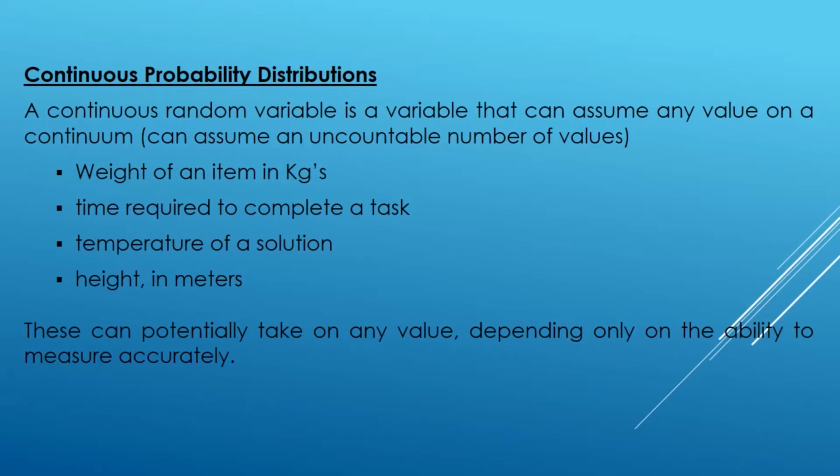One person is going to take 2 minutes, 4 minutes, 3 minutes, 3.5. Temperature of a solution, the height in meters. So you see, with the nature of the random variable that we're looking at, it can take potentially any value depending only on the ability to measure accurately. So we can drill down to the milliseconds if it were time.